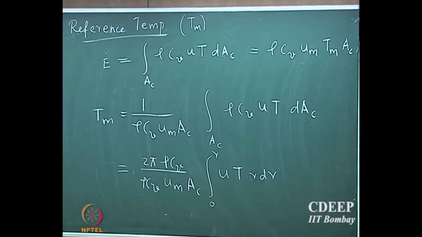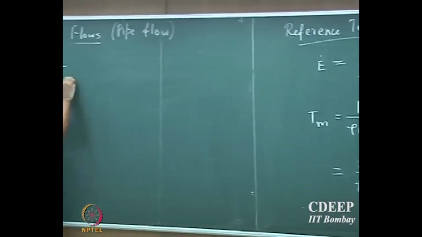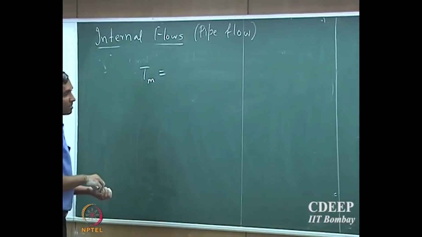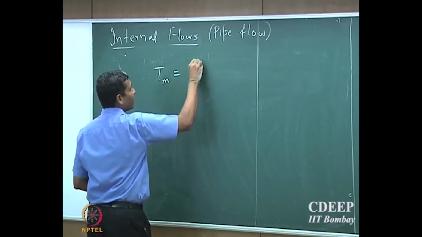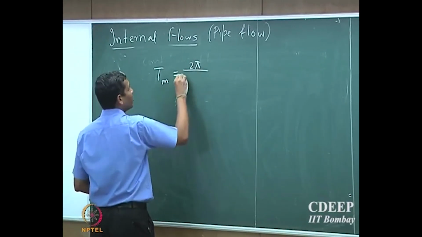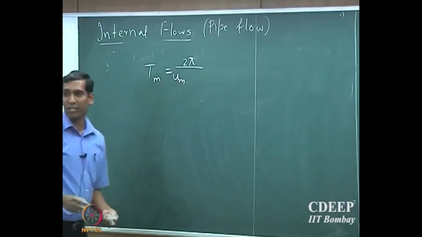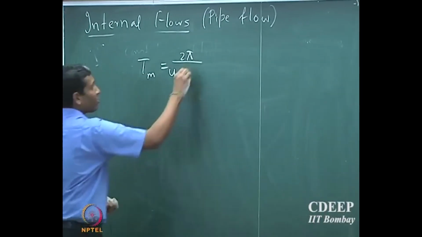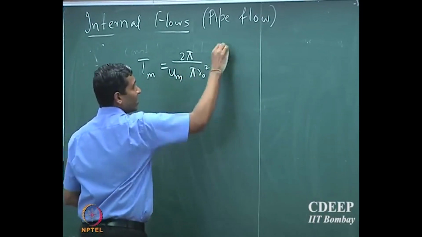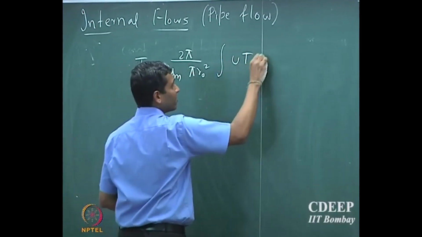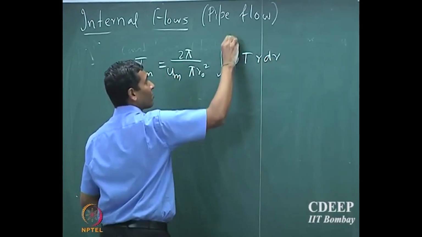So from here we can deduce that Tm is 2 pi divided by um into cross sectional area is pi r naught square into integral u T r dr 0 to r naught.